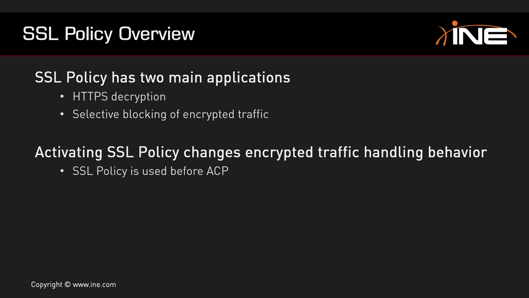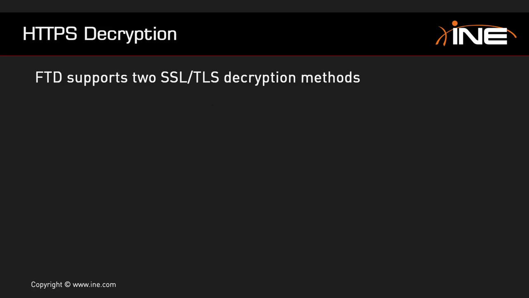With SSL, it is going to change. SSL policy is always going to take precedence for encrypted communication. And the FTD is going to be able to tell what traffic is encrypted and what is not, based on the application detection.